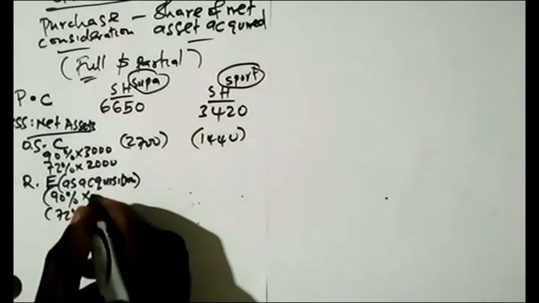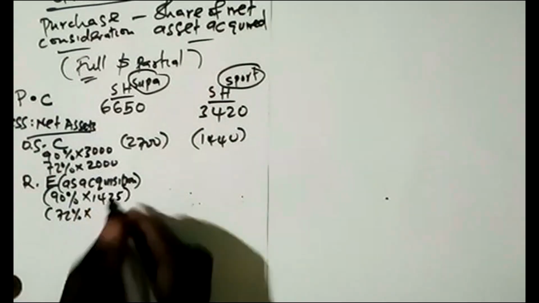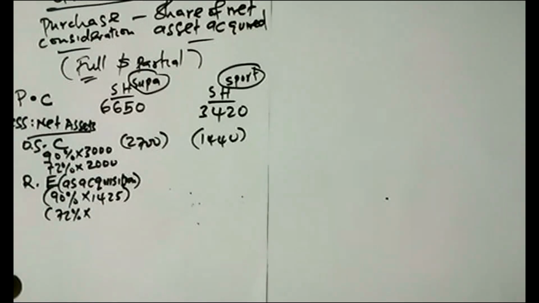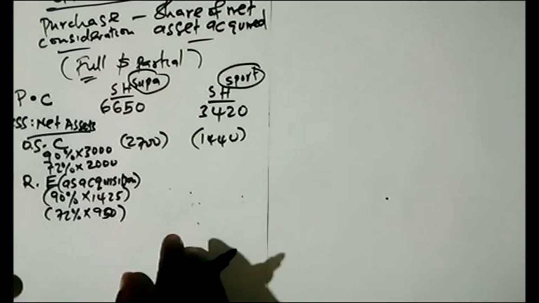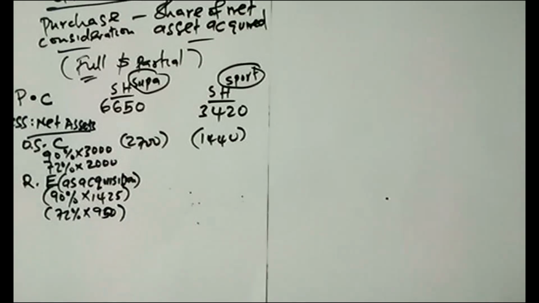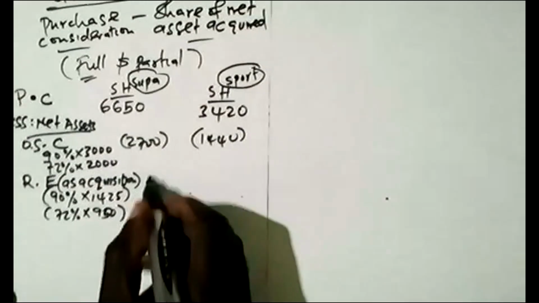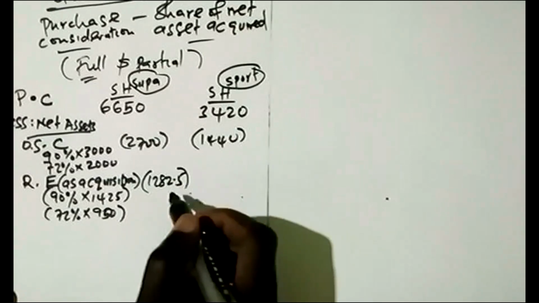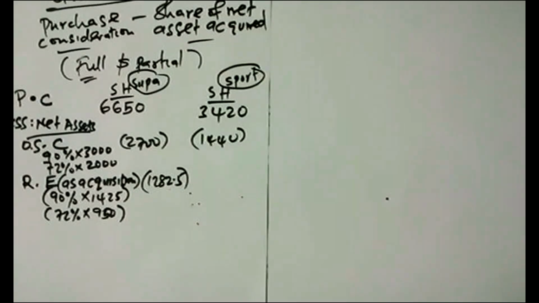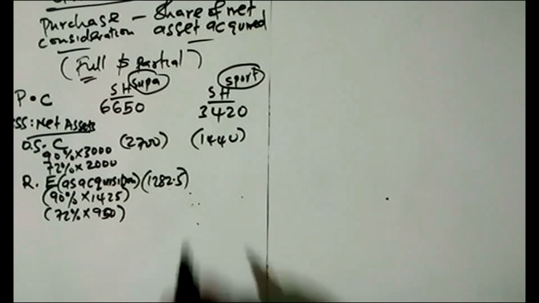That is 1,425 and 950. So 90% of 1,425 is 1,282.5. And the other one, 72% of 950 is 684.